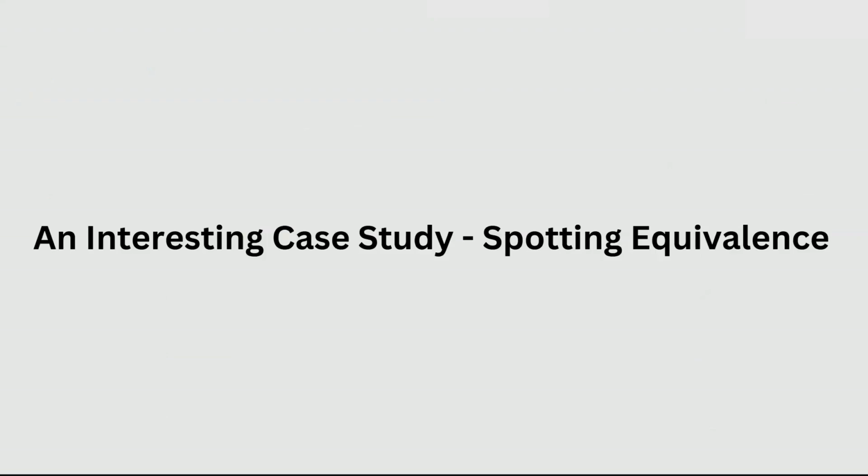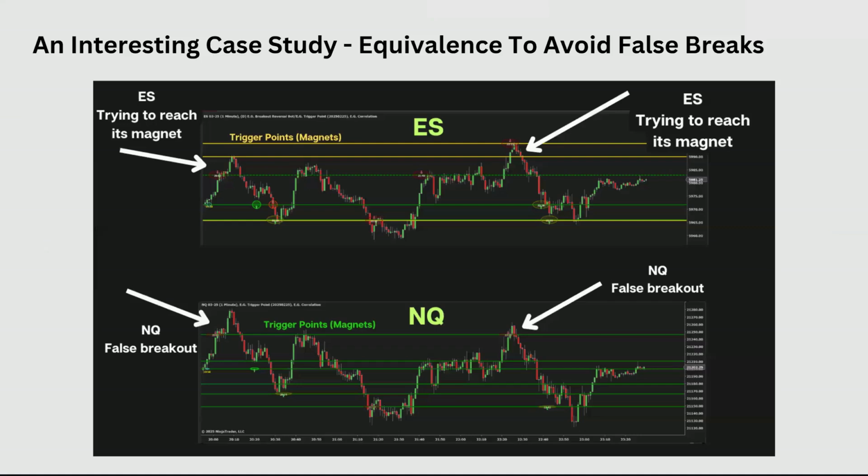Speaking about equivalent lines, let's take a look at a very interesting case study. Significant price levels like the trigger points are magnets. In this example, you can see how a correlated asset's level can help you identify false breakouts. ES is trying to reach its magnet, which is a high probability reversal zone.